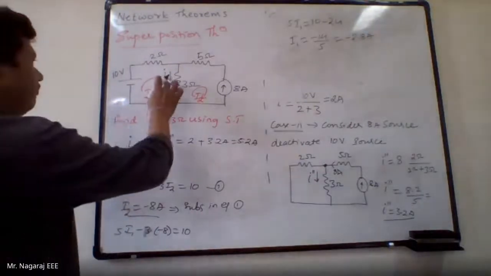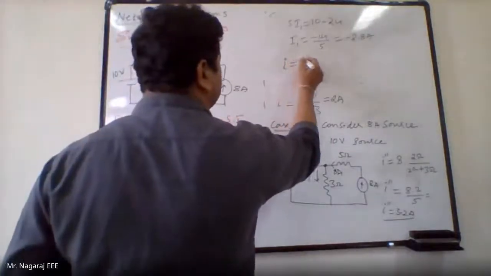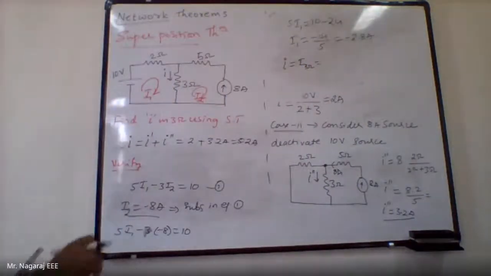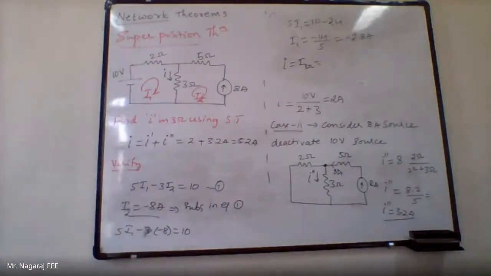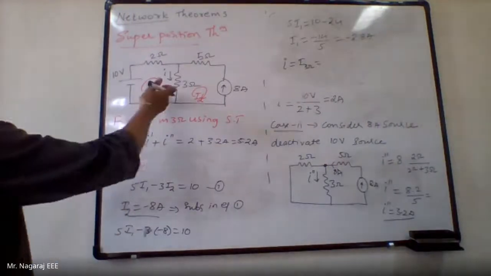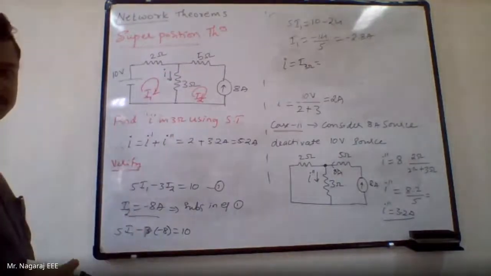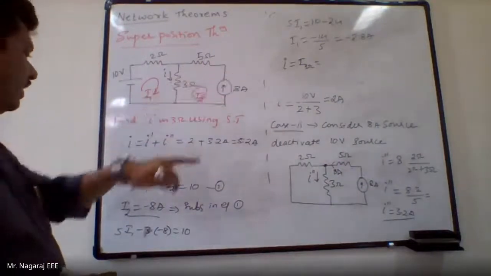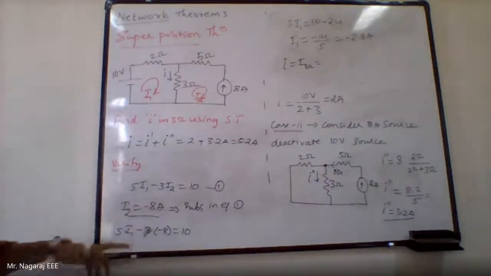What is the current in the 3 ohm resistor? The value of I1 is minus 2.8, the value of I2 is minus 8. Whichever is more, that direction of current will be flowing in the 3 ohm. So I1 is larger than I2; more minus values means far away from 0.